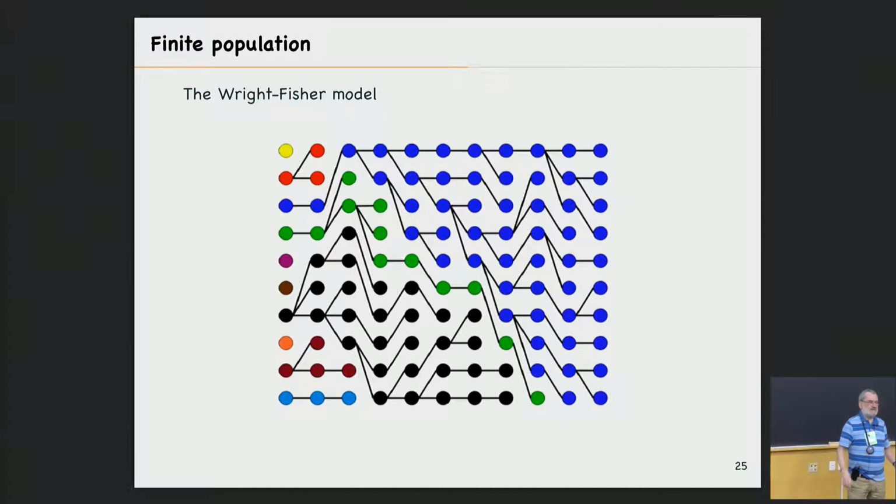Instead of the first model that I considered, where the probability of reversing the mutation is high, what happens if the probability of reversing a mutation is very small? Then you're likely to lose the wild type.